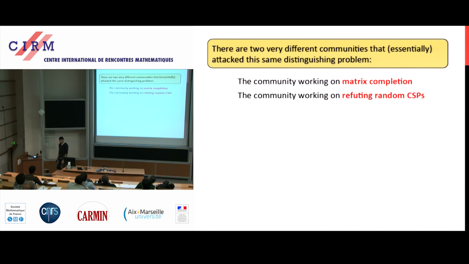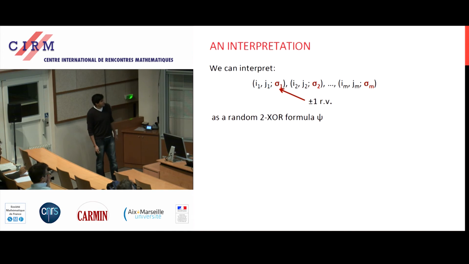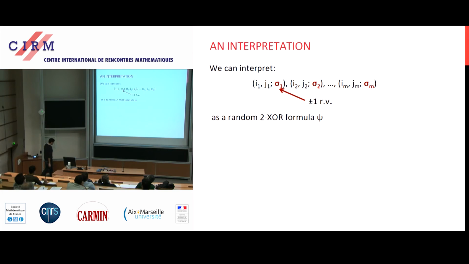But you could also tilt your head and think about this as a problem involving random CSPs. This is the intersection point between these two different communities. Here's a reinterpretation. Imagine we were in case 1, where we really did have this planted approximately rank 1 structure. Now, each of my observations is a pair, i j, along with an entry plus minus 1.